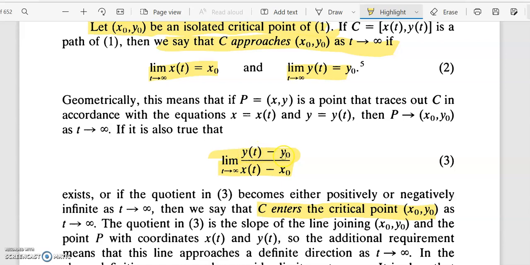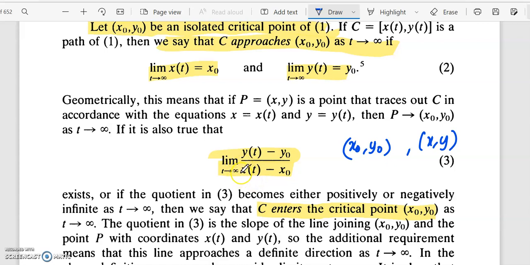If you have the points x0, y0 and the point x, y, then the slope of the line which joins these two points is equal to this ratio.